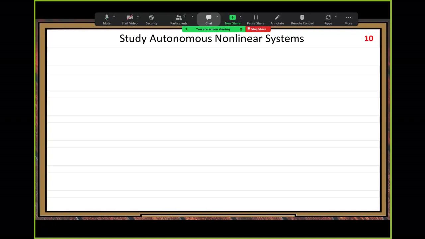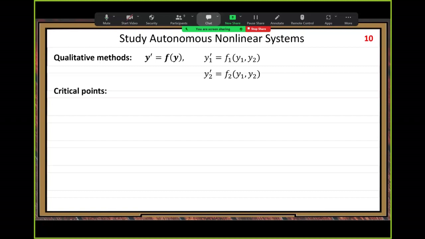When we write the differential equation y' = f(y), you can see this f function has no x in it, only y. So y1 prime, y2 prime, and you do not see the x or t variable. That's the typical autonomous ODE.